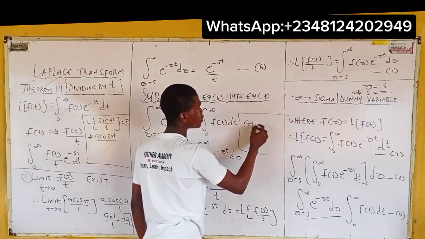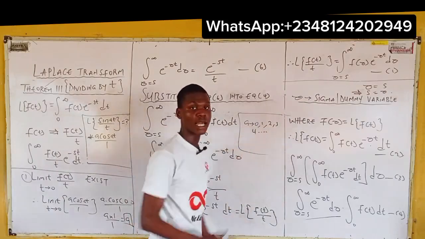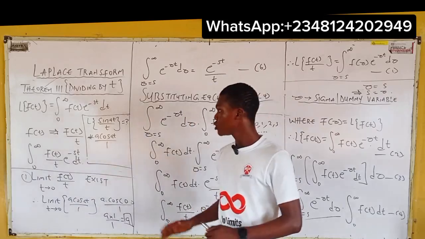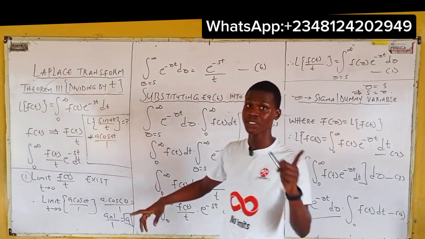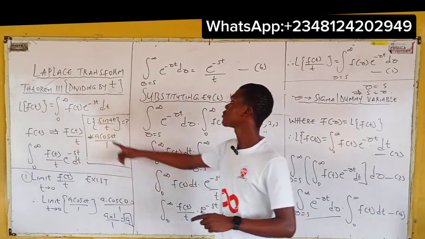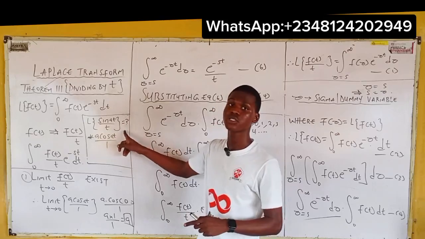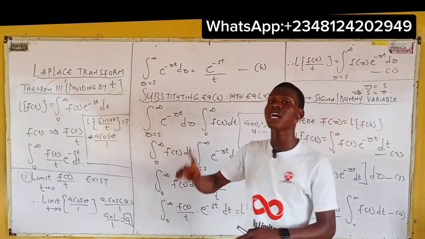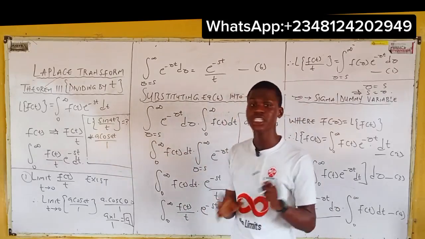Meaning a can be equal to 0, 1, 2, 3, 4, and the likes, meaning a finite number. So for this given question, which will be our first example in the next video, sine at over t, for every given question, check if the limit exists. How do you check the limit?